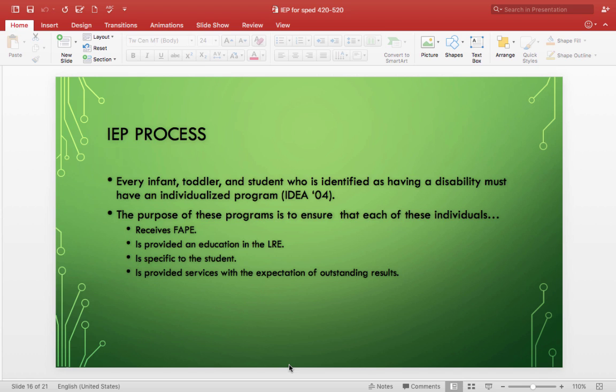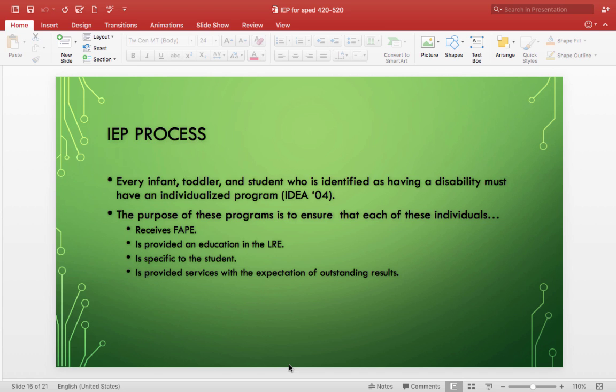Okay, so I've gone over a lot of this information already, but I just want to reiterate that the purpose of the program is to make sure that all of our students have a free and appropriate public education, that the information is provided within their LRE, least restrictive learning environment.